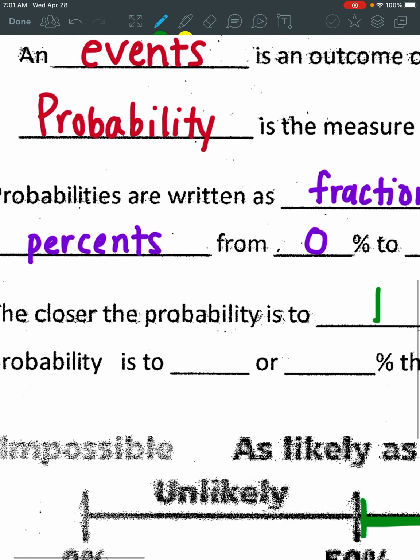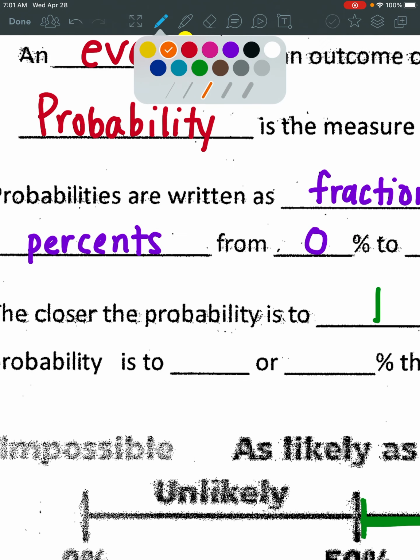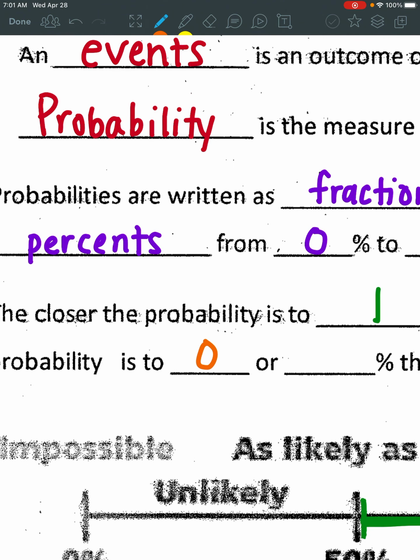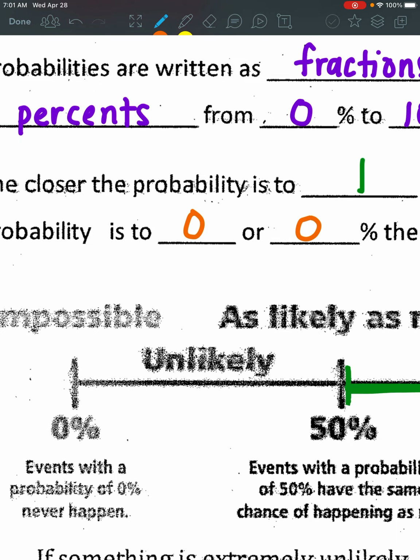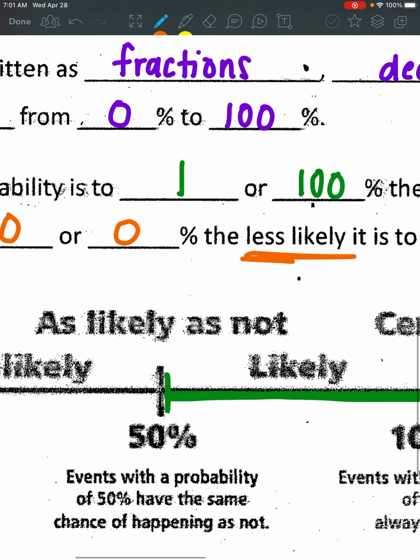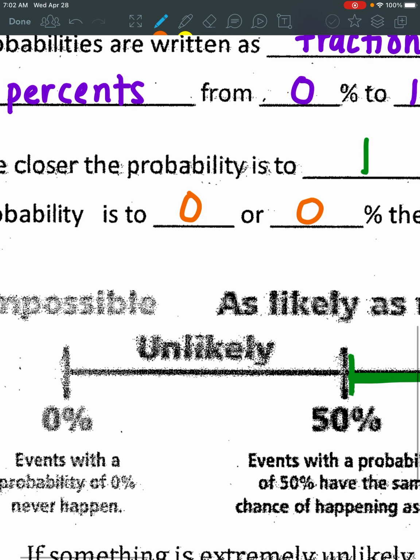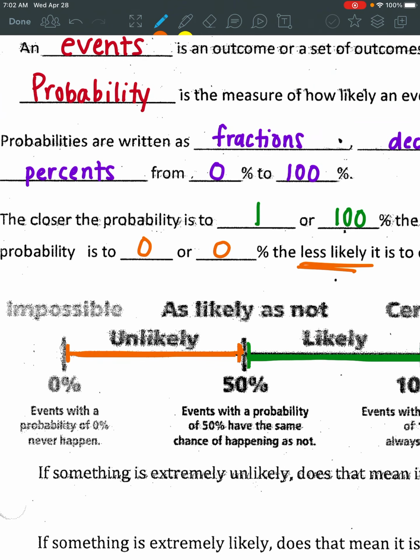All right, the closer that the probability is to 0 or 0%, then the less likely it is to happen. So everything from about 1% to 49%, all of that is what we call unlikely. And I will ask you this after we find the probability of certain events.